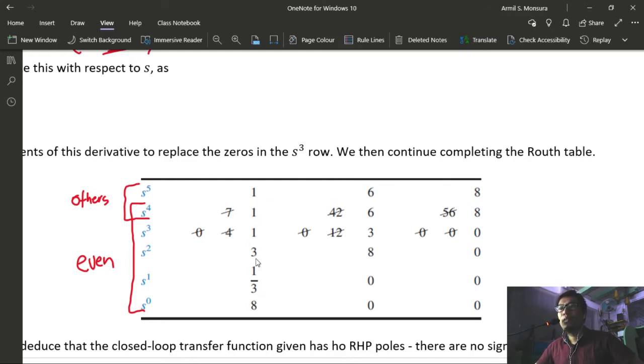Tama. So, kung wala kayong sign changes sa even polynomial niyo, ibig sabihin wala rin kayong right half plane pole.